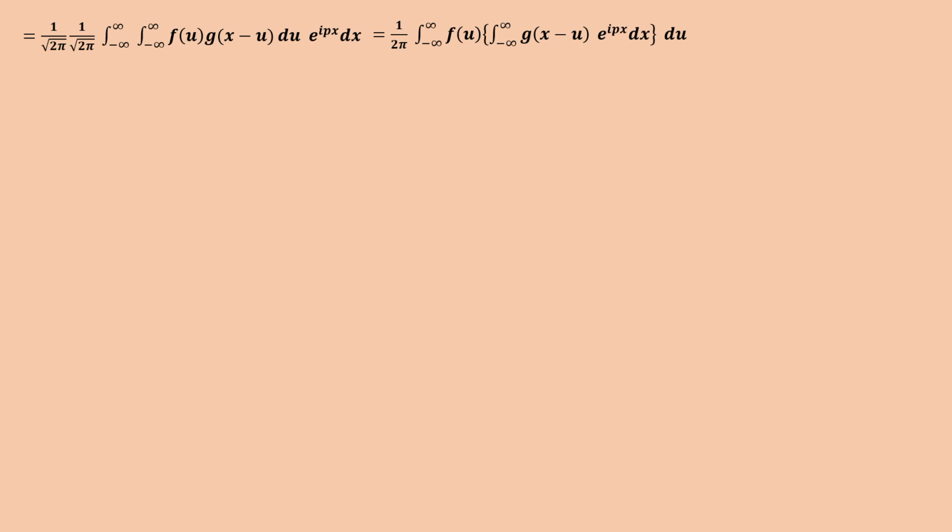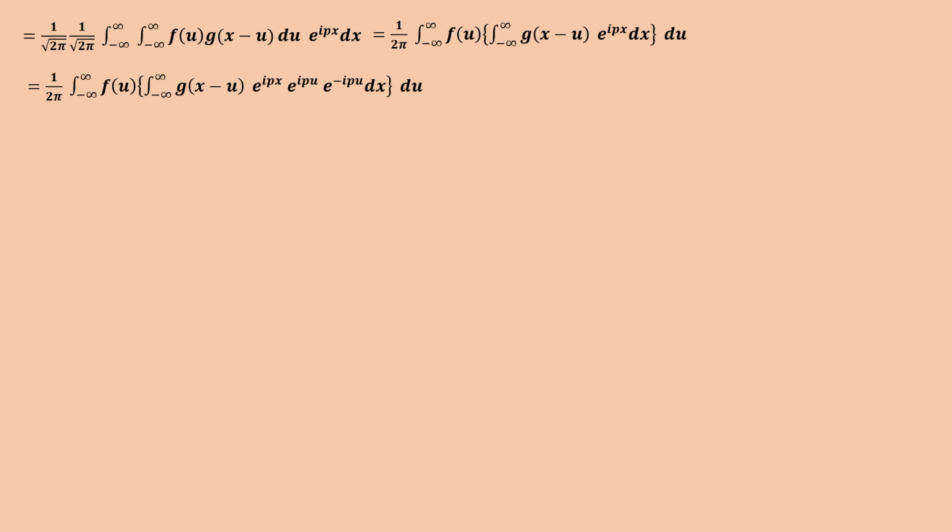Now we are going to group this into two integrals. So first one, 1 by 2 pi integral minus infinity to plus infinity, we are taking f of u outside. So f of u from one integral, then integral minus infinity to plus infinity g of x minus u e power i p x dx, then du.